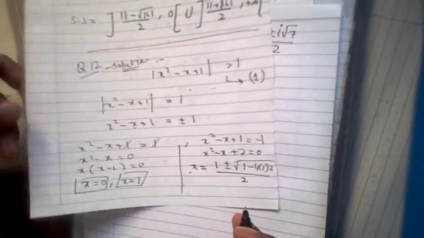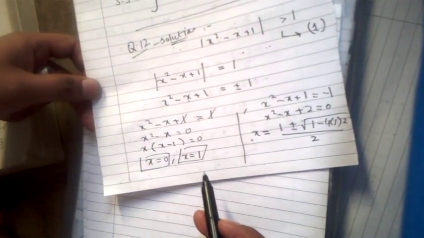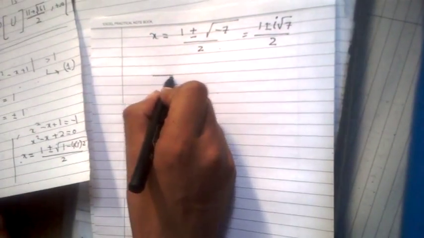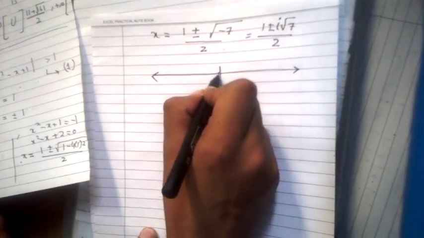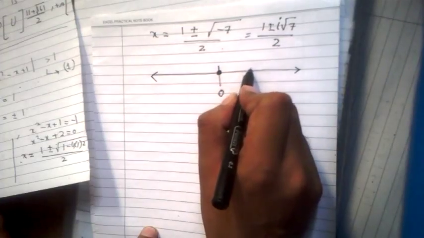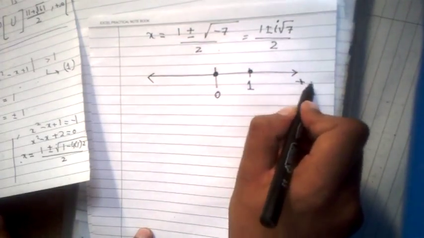So we have only two boundary points, that are x is equal to 0 and x is equal to 1. X is equal to 0 is a boundary point, and x is equal to 1 is also a boundary point.